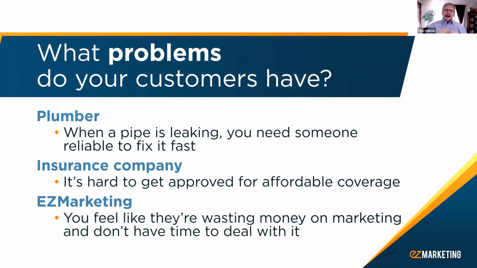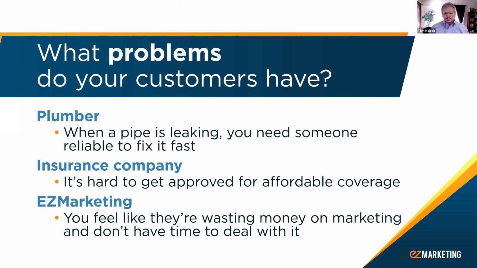So how do you figure out what the problems are that your customers have? Let me give you a few examples. If you're a plumbing company, you might say the problem that we solve is they have leaky pipes and they need somebody reliable who shows up fast, right? That could be the problem that you're solving.